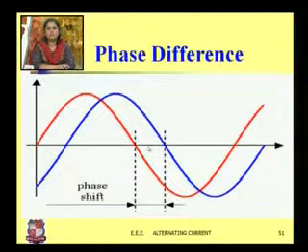This gap is known as the phase shift, or the phase difference between these two. If both quantities start from the 0 value, then both quantities are in phase, or the phase difference between them is 0.